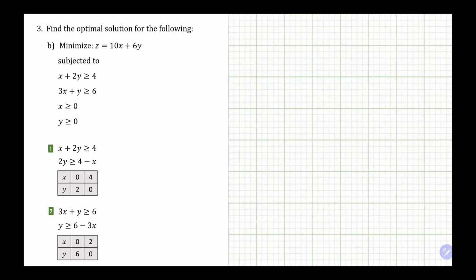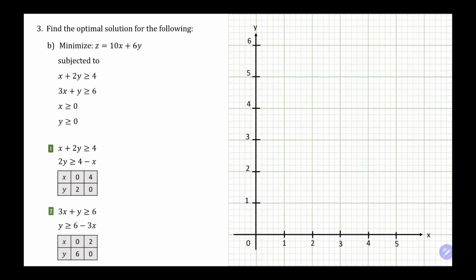Then we take out our graph paper. We put the x and y axes. First line, we have intercepts x 4, y 2. We use a solid line since it is greater than or equal. So, solid line. Then we label the line y equals 4 minus x. Next line, we have intercepts x 2, y 6.